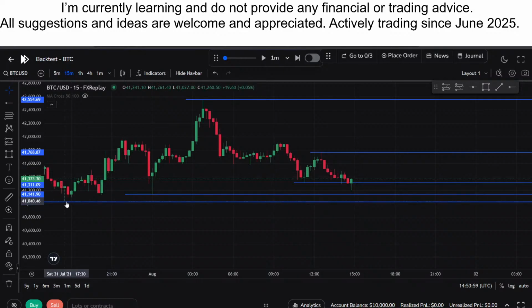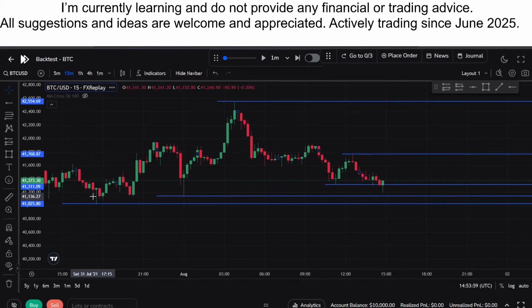So here this one is liquidity. This one is low, and this one is high, and again we have this low, so this one is high. Here it broke the structure, and then uptrend.